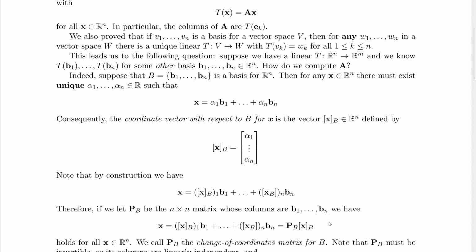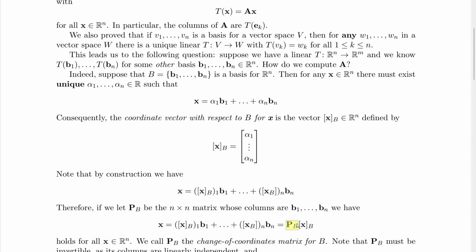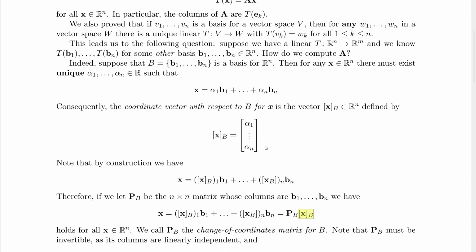So our vector x is equal to a matrix times the coordinate vector for x with respect to the basis b. The matrix P sub b is called the change of coordinates matrix for b, and note its columns are just b1 to bn.